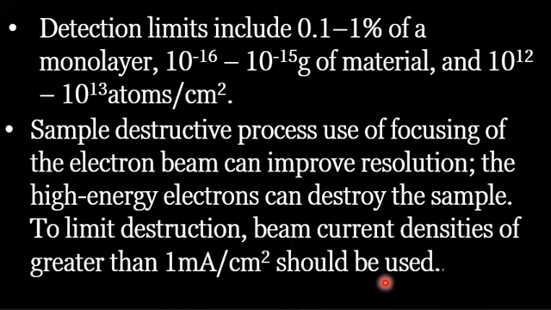So the problem with Auger electron spectroscopy is the destruction, because this is a destructive technique which damages the sample surface. Due to this, a current density of around 1 milliampere per centimeter square is used in Auger electron spectroscopy.